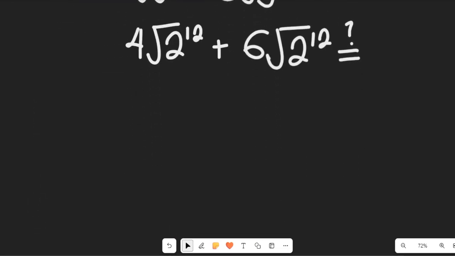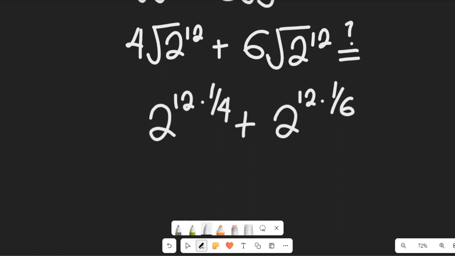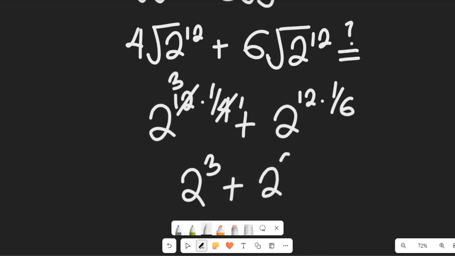Now the fourth root of this is going to give us 2 to the power of 12 multiplied by 1 divided by 4 plus 2 to the power of 12 multiplied by 1 divided by 6. And this is going to give us 2 to the power of 3, because 12 divided by 4 is 3, plus 2 to the power of 2. If we simplify this expression, is it going to give us 12?